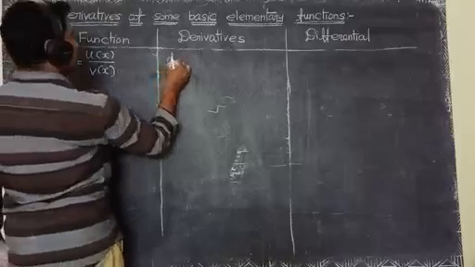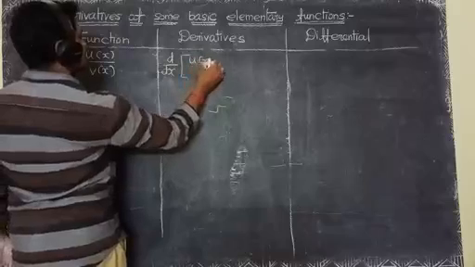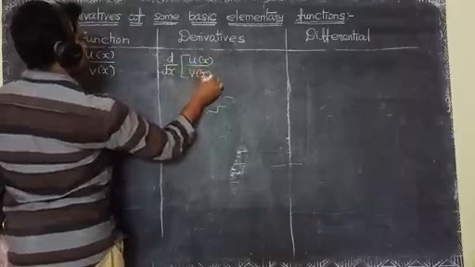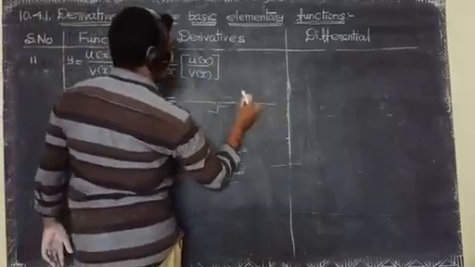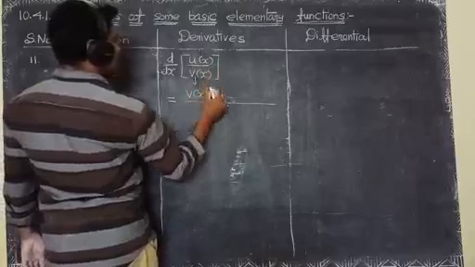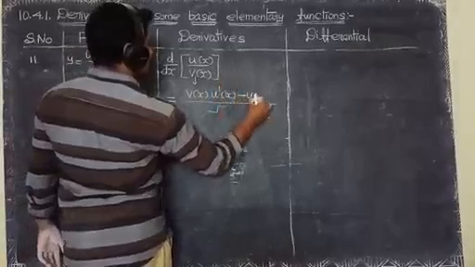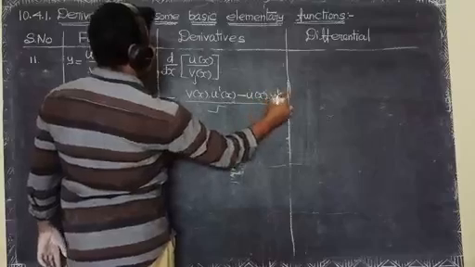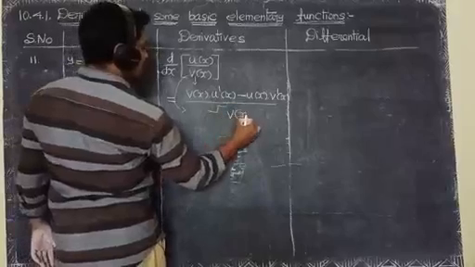Here d by dx of u of x divided by v of x is equal to, in the numerator, v of x into u dash of x minus u of x into v dash of x, and in the denominator v of x the whole square.